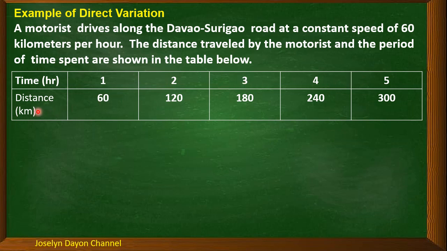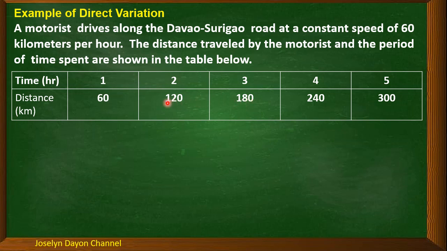The distance in terms of kilometers, so we have here 60. So for 1 hour of travel, the driver covers 60 kilometers. 120 for 2 hours, 180 for 3 hours, 240 for 4 hours, and 300 for 5 hours. If you have observed, as the time increases, the distance covered also increases.